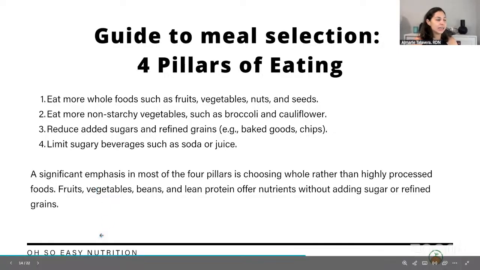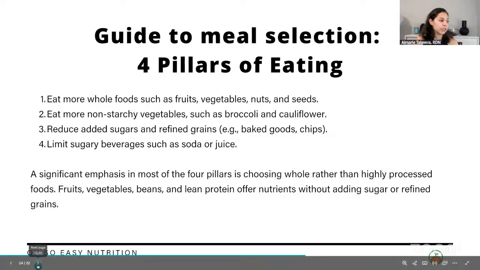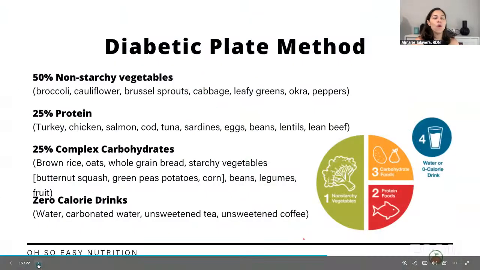There is a significant emphasis in most of the four pillars on choosing whole rather than highly processed foods. Fruits, vegetables, beans, and lean proteins are going to offer nutrients without adding sugar or refined grains. So this is a whole foods diet approach. So let's see, what does that look like?